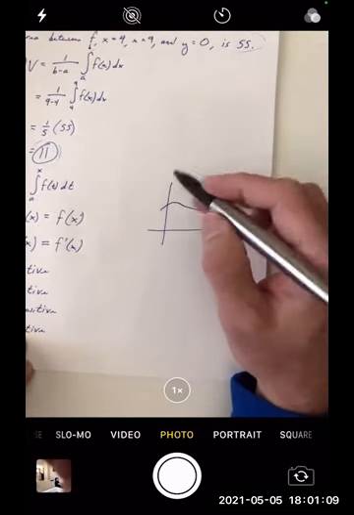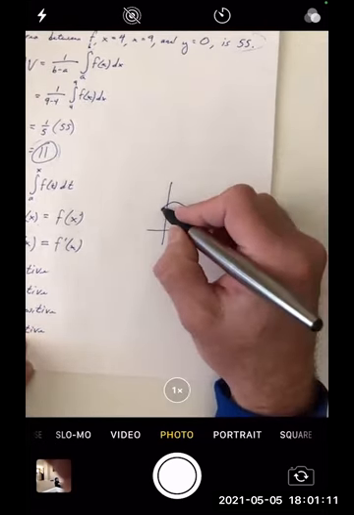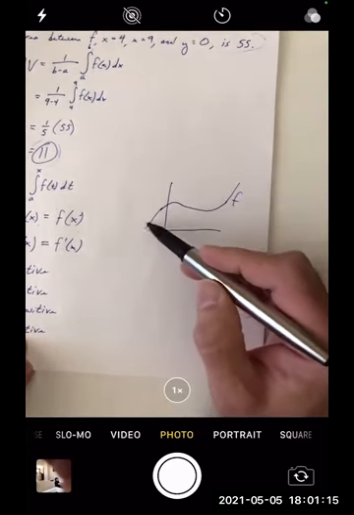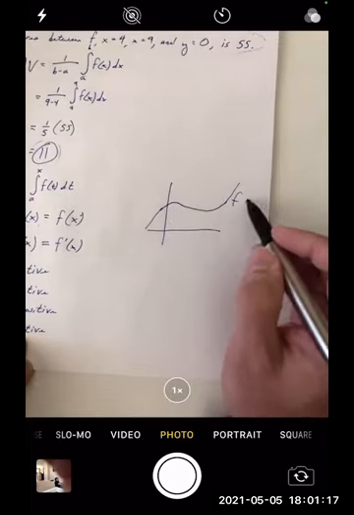It kind of does that S curve thing starting at 0. This is F, that's a third degree.